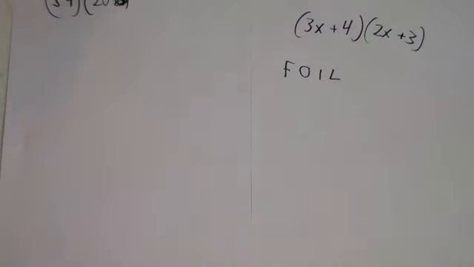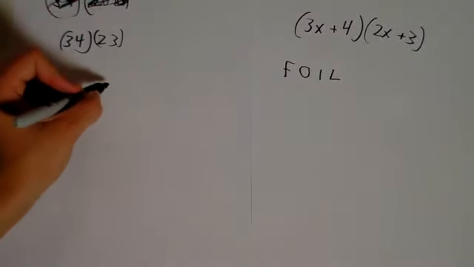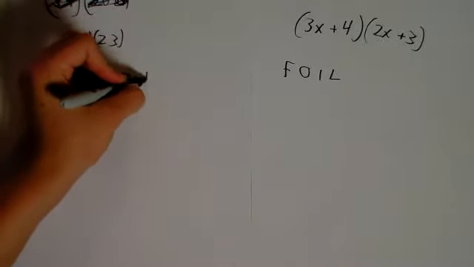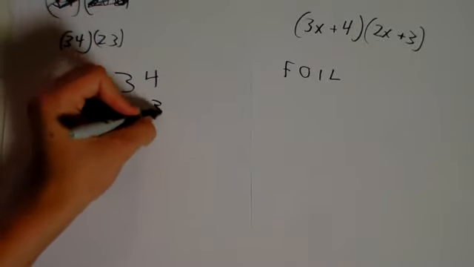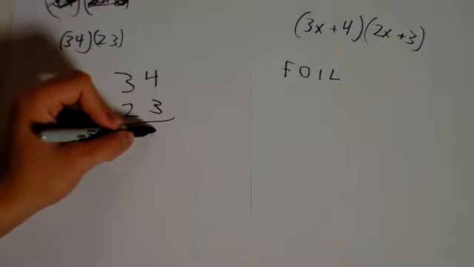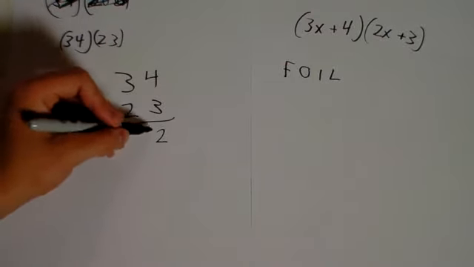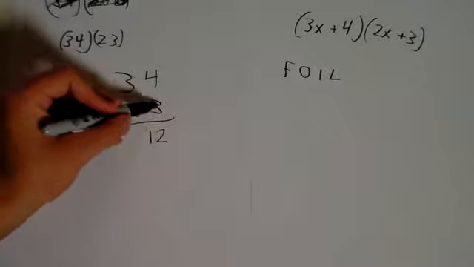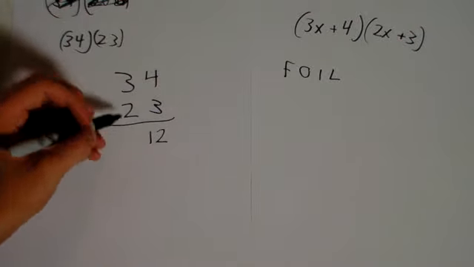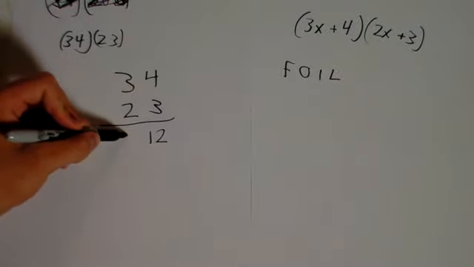Alright, 23. 34, I'll just rewrite that. 34 times 23. If we were to multiply 34 times 23, we would do it like this, right? We're going to multiply 3 times 4 is 12. We could take this 1 and move it over, but let's not do that. Let's just leave the 12 here. 3 times 3 is 9, but what we really have is 3 times 30 here. So we're going to call that 90.